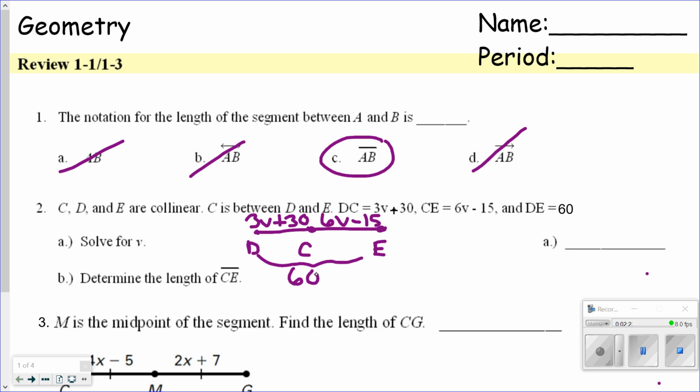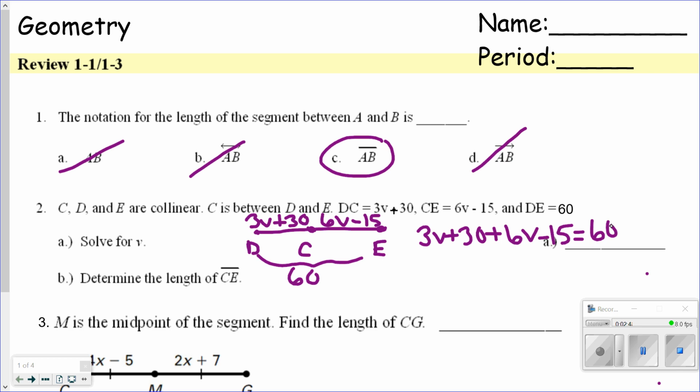I'm going to use the segment addition postulate here, which states that one part plus the other part is equal to the entire segment. So the first part is 3V plus 30, plus the second part, which is 6V minus 15, is equal to the entire segment, which we know is equal to 60.